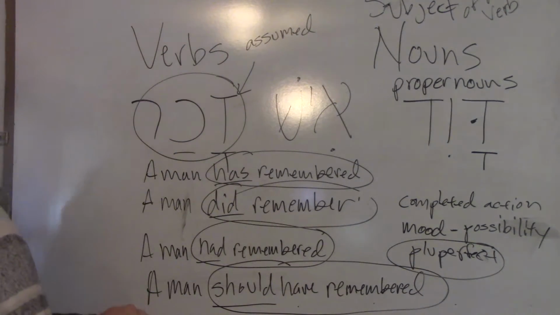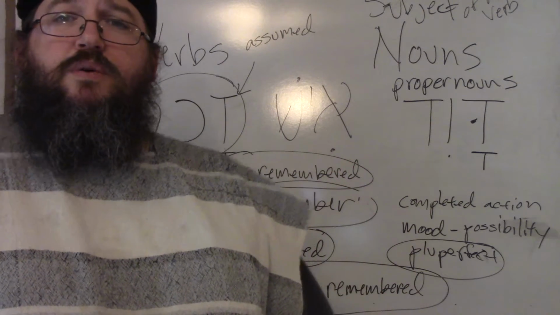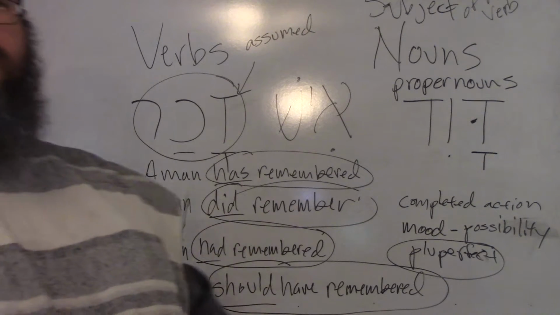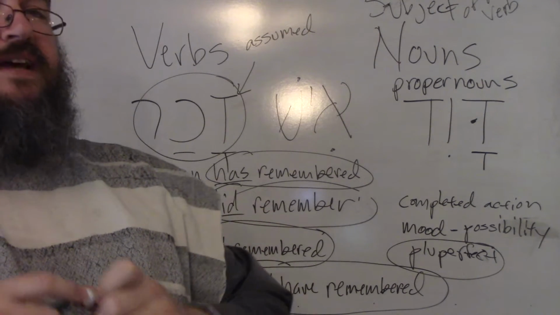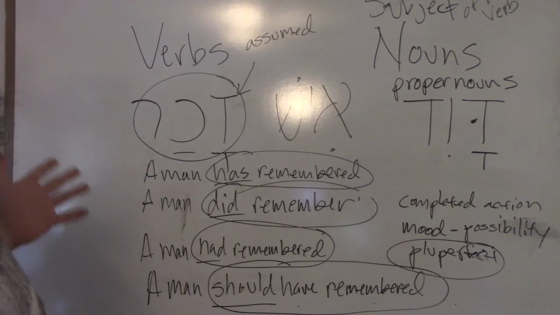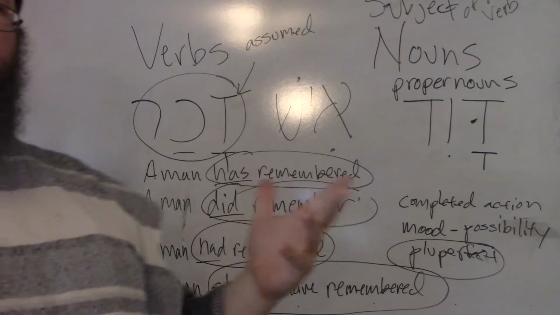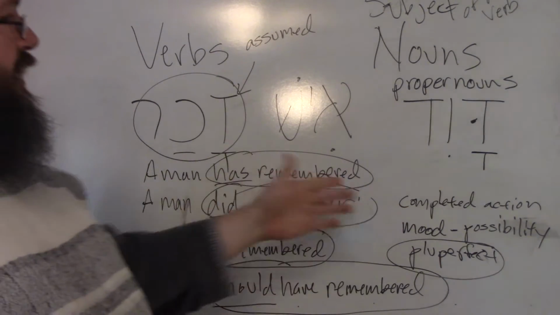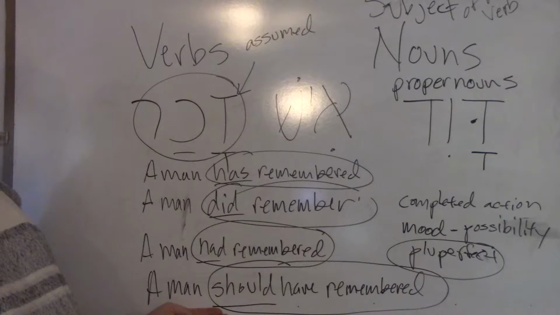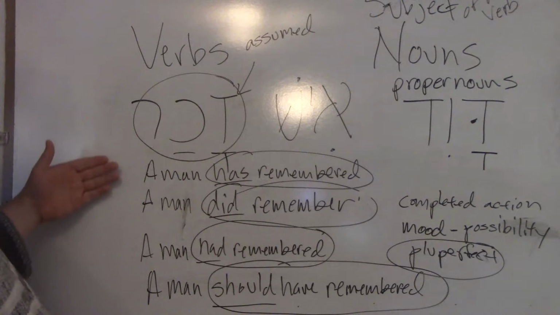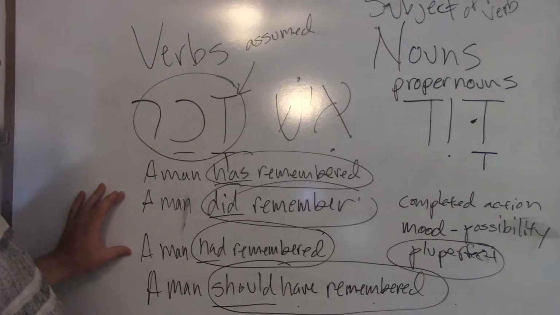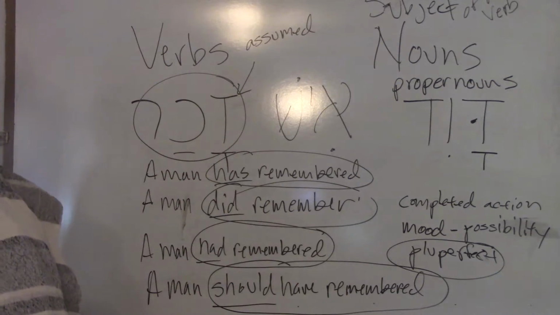So we're not going to go that deep in this actual lesson, but this is really good information for you learning Hebrew, because from this you can say, wow, I didn't realize how complex Hebrew can be. Knowing the fact that in a completed action form, you can express the mood of possibility, you can express a pluperfect action, which is a past perfect action, or you can just plainly express an action that took place.